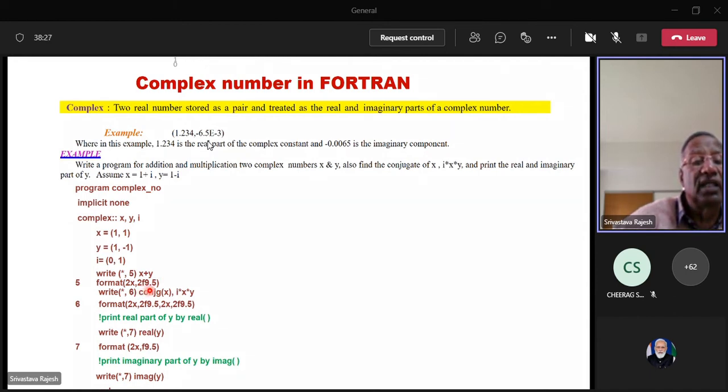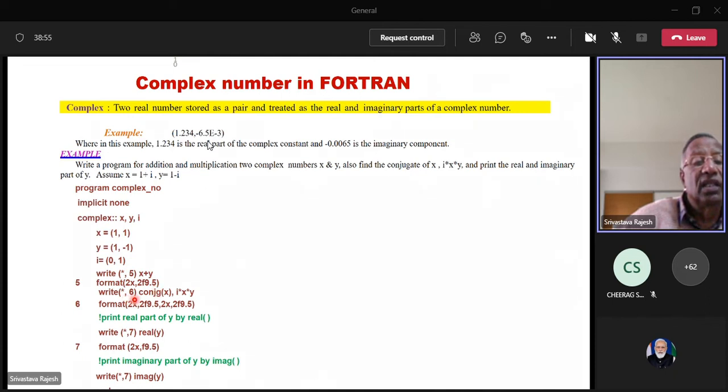If you write 9.5, it's not going to write. It will write only the real part, it will leave the imaginary part. So you have to write 2x, 2f 9.5, although x plus y is a single complex number. So 2 gap and 2 format for real 9.5 and also for imaginary 9.5.